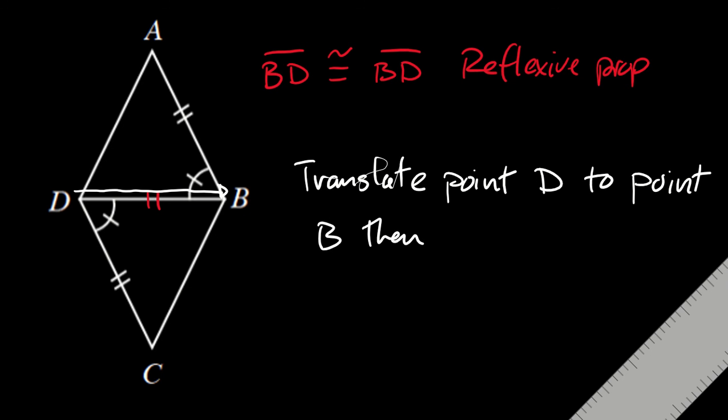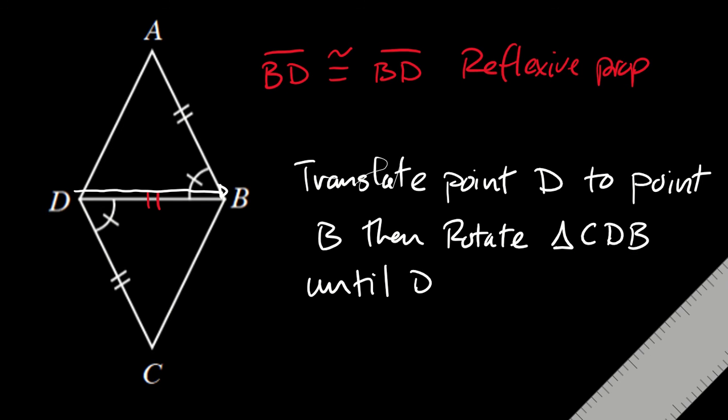Then I'm going to rotate the bottom triangle, triangle CBD or CDB. I'm going to keep rotating this around until DC is lined up with AB.